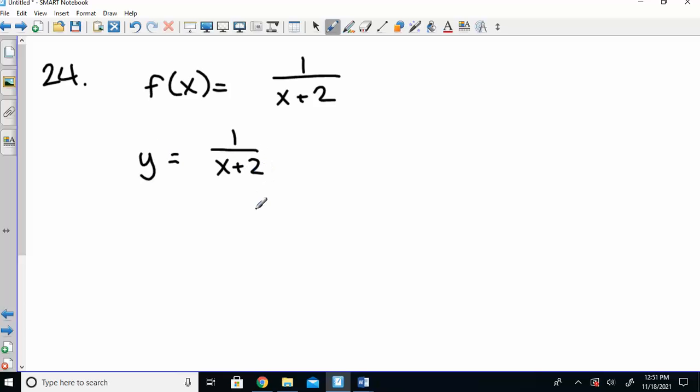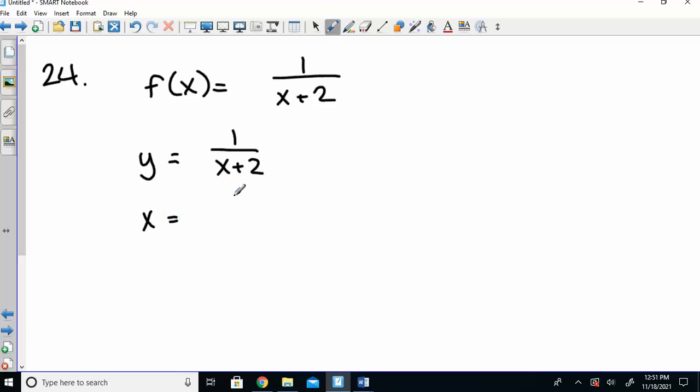The next question was 24. Finding the inverse. So you will have to do this on your test. What would be the first step? Change over x to y. So we get y equals 1 over x plus 2.